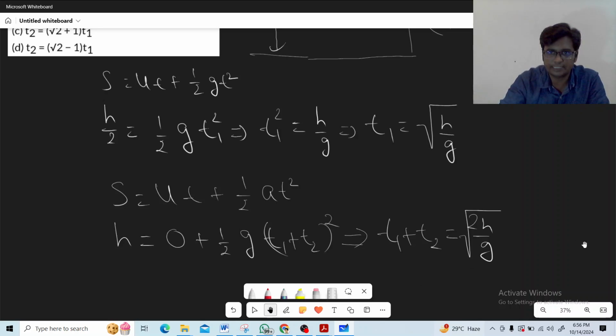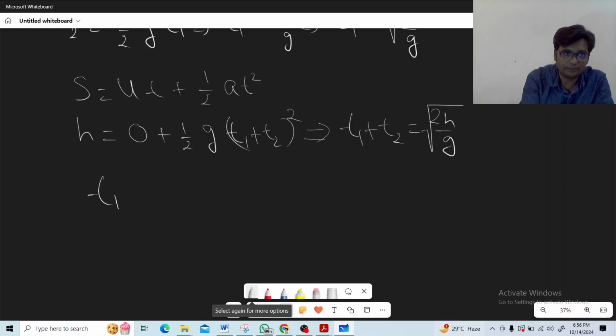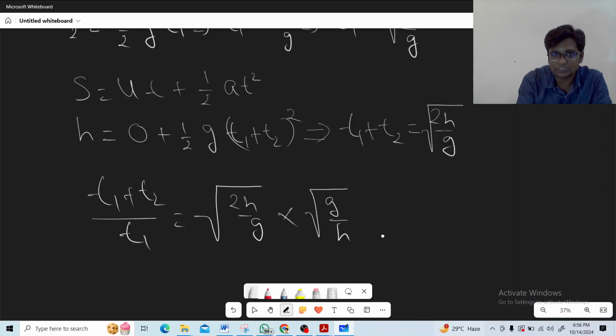For that we can find out the ratio. So (t1 plus t2) by t1 will be equal to root 2h by g into root g by h. Well, I hope you can find out how, right? And here we will get root 2.